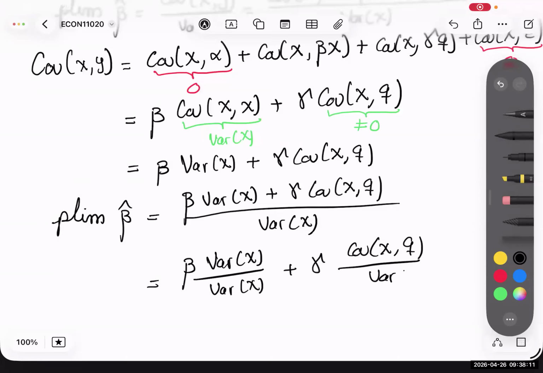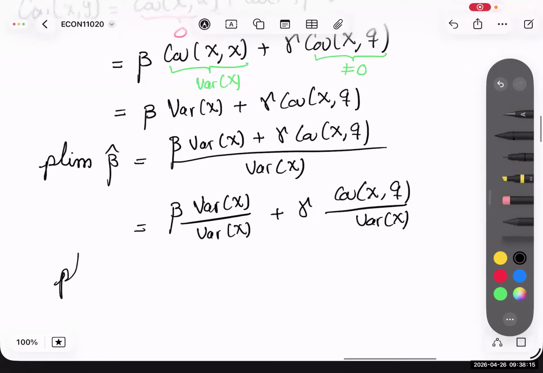And finally, clearly what we have in the first element, and I'm gonna write this down again to have it beautifully in the same expression, is that variance of X divided by variance of X is 1, which means that the first element is beta.